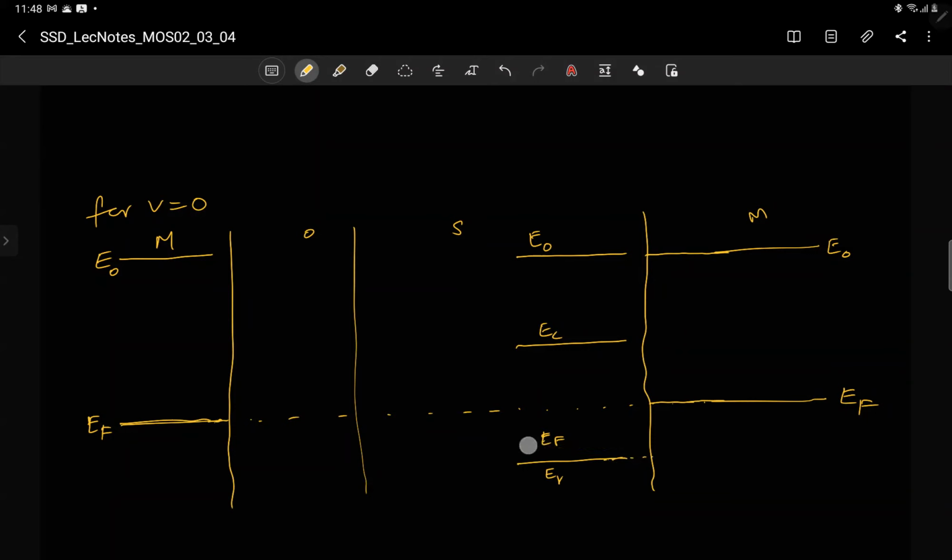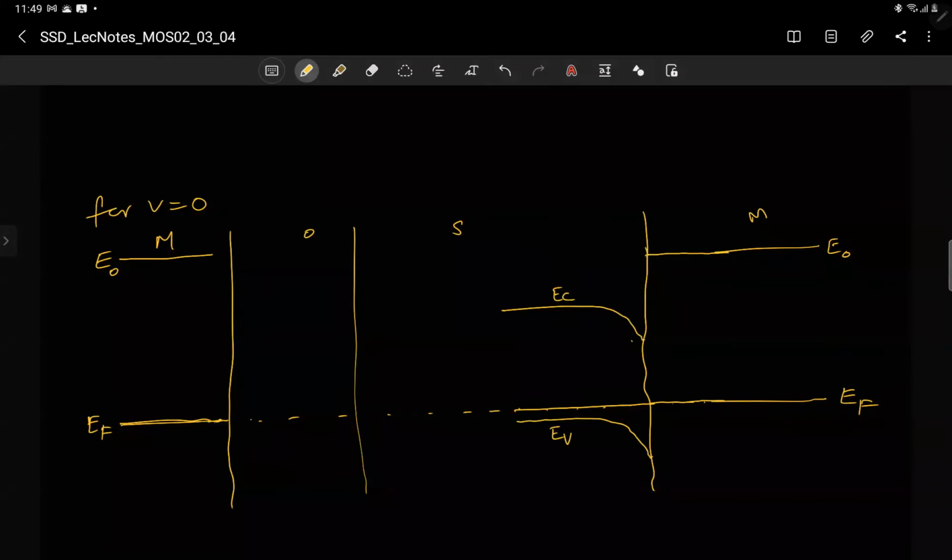So when EF goes up, EV will become like this. So this is what EV is, and this EF aligns. And EC also will bend, starting from here, and then it will bend like this. So this is EC. And E0 also will bend like this. All right.